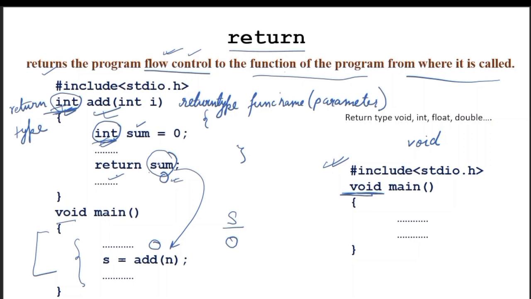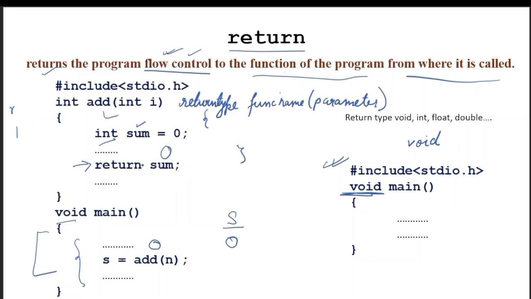So what return does is it transfers the flow control. When the function is executing the statement return sum, this value is returned.